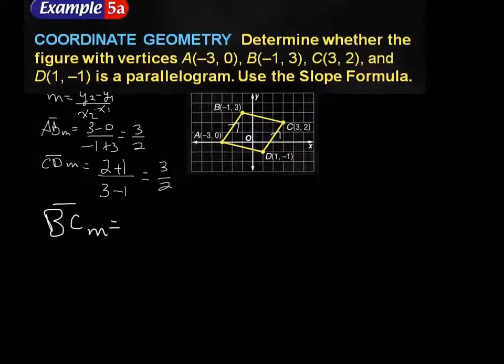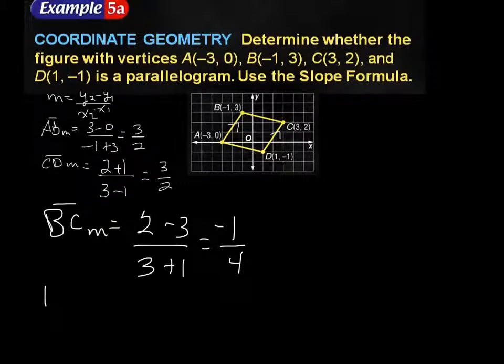So for BC, change in y, 2 minus 3 over change in x, 3 minus -1. I get -1 over 4, which it looks like it's going down 1 over 4 looking at the graph, so of course. And we have to do AD yet.